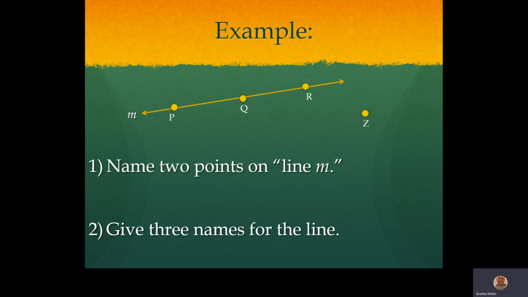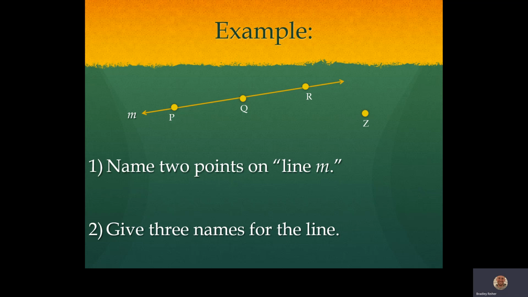Okay, now number 2 says give 3 names for the line. So this is where things get a little confusing because this is only one line, but you can name it so many different ways. For example, when you name a line, you use 2 points from the line, so pick any 2 you want. For example, you could name this line PQ.